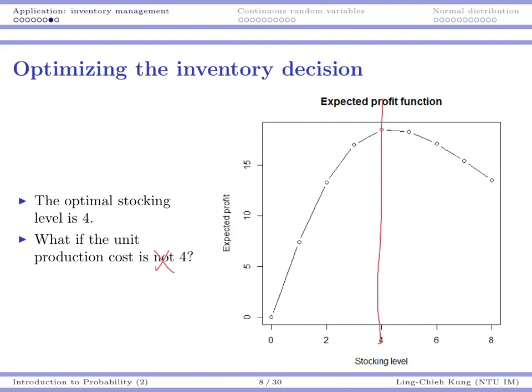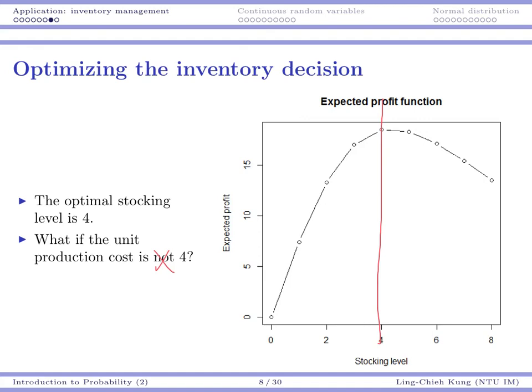How may I know whether the optimal stocking level is still 4 or not? We certainly want to know the answer, right? And the way to do that is again very simple. We simply need to recalculate everything with the new cost $4 to replace the old cost $2.